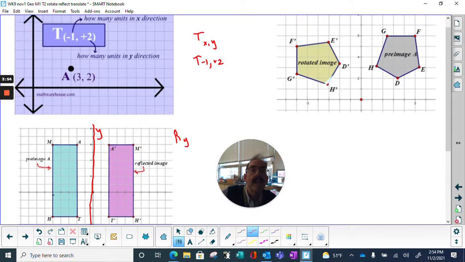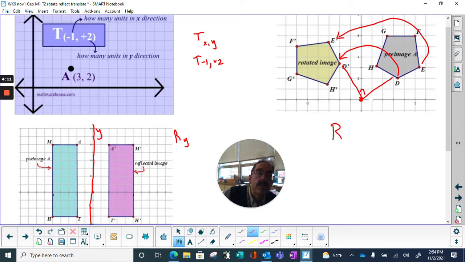And in this case, if we rotate, you see how D would rotate to here? E rotates to here. So we're going to draw a little line here and a line here. And we'll call that 90 degrees. So rotate, and we'll call this the origin, 0, 0.